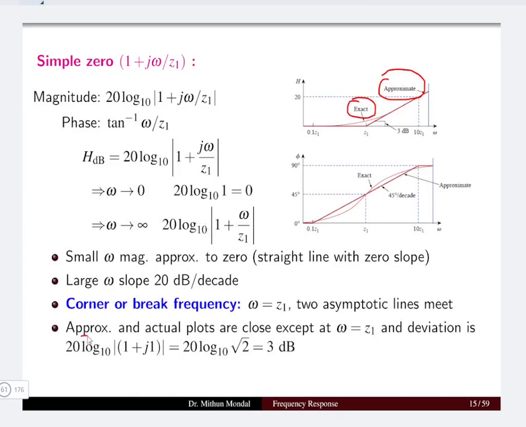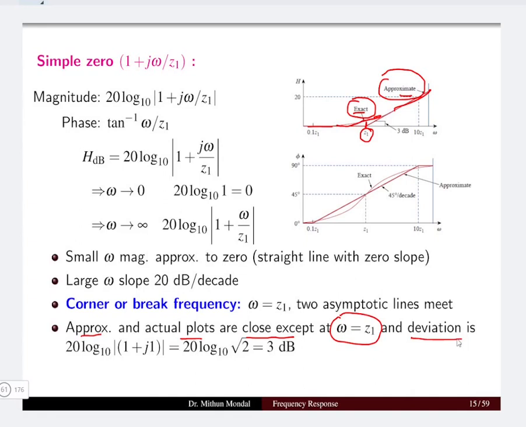The approximate plot and the actual plot are very close to each other except at the corner frequency. If we look at the corner frequency, omega equal to z1, there is a slight deviation between the approximate plot and the exact plot. Otherwise, in the other parts they closely meet each other.